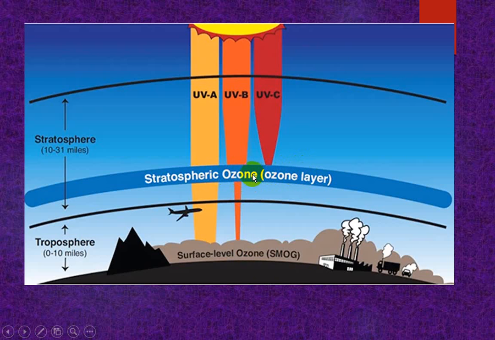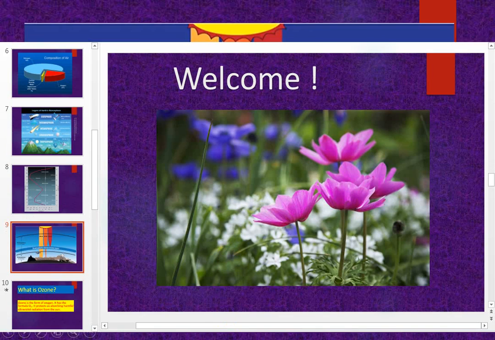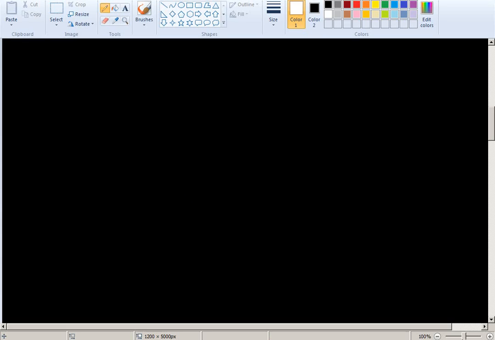Okay, so where is the ozone layer? The ozone layer is in the stratosphere. There is ozone gas, O3. Oxygen is O2. Ozone gas is O3. This is the oxygen gas, and ozone is here. The formula of ozone is O3.